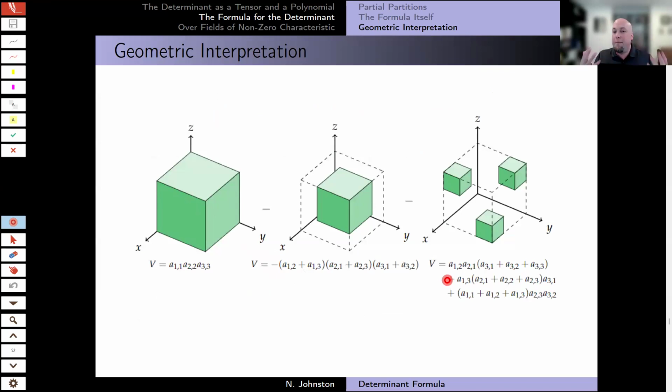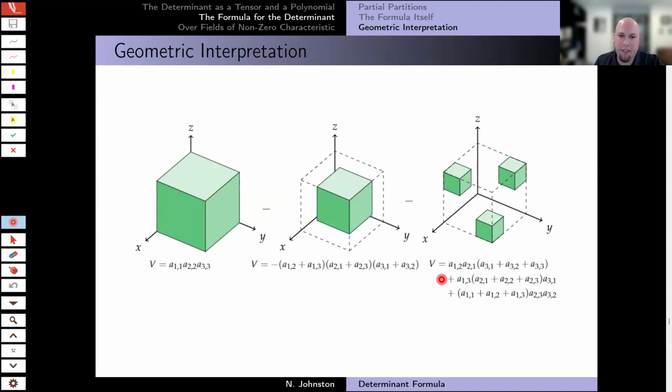Okay, for a 3x3 determinant, the usual way of doing this is we imagine we start off with the unit cube, side length 1 in every direction. We apply our linear transformation, our matrix, to it, which turns it into a parallelepiped in 3-dimensional space, and we talk about the signed volume of that parallelepiped. That's the determinant. That parallelepiped gives us a lattice in 3-dimensional space, and I'm going to construct an axis-aligned polytope that tiles space on the exact same lattice.